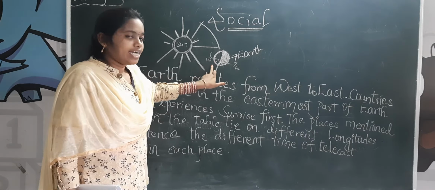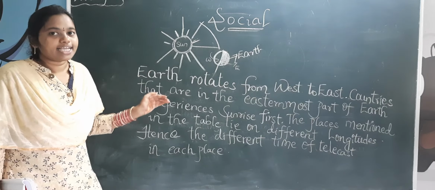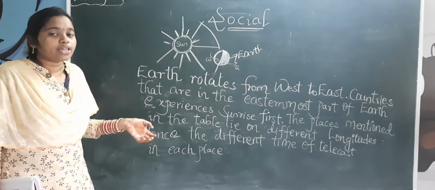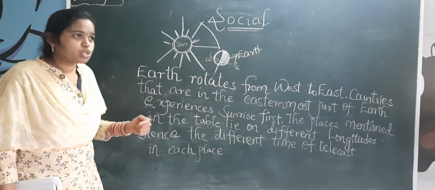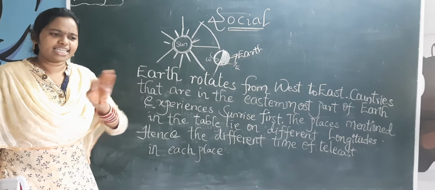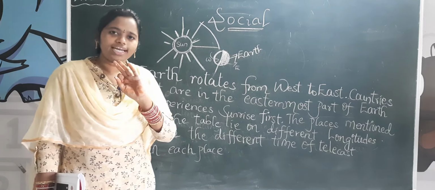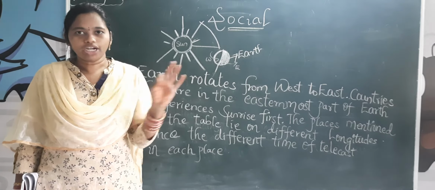See here, Earth rotates from west to east. Countries that are in the easternmost cities experience sunrise first. That is why these three cities, Mumbai, Sydney, London, are located at totally different longitudes.